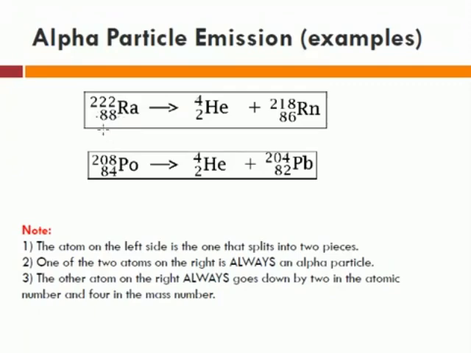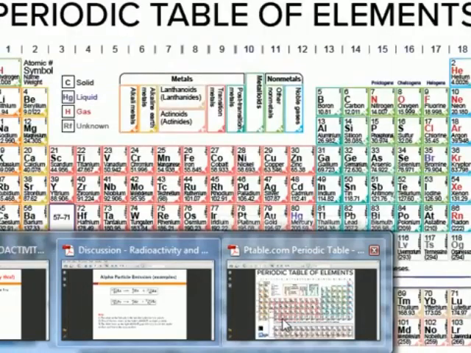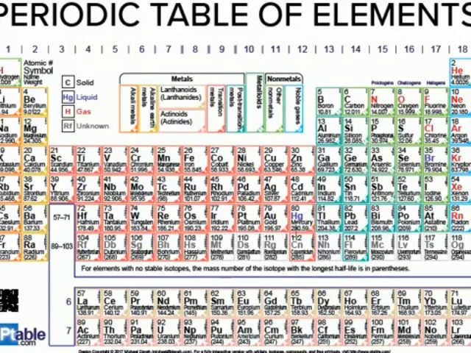The atomic number here is 88. So 88 minus 2, we have 86. To know the element, just find the element with atomic number 86. Look in the periodic table. So where's 86? So this one, radon is 86.